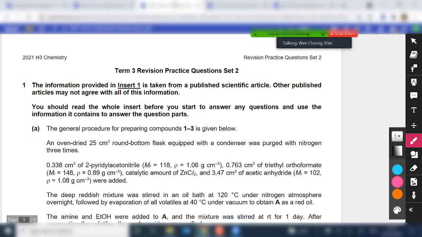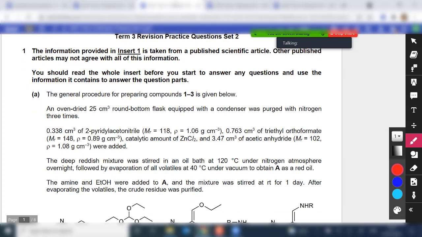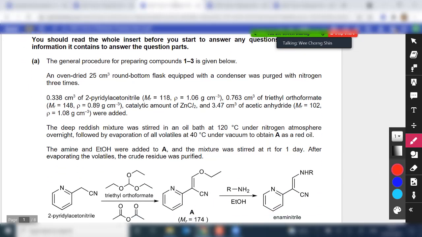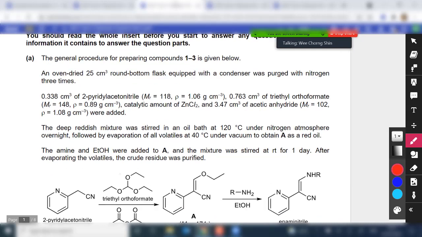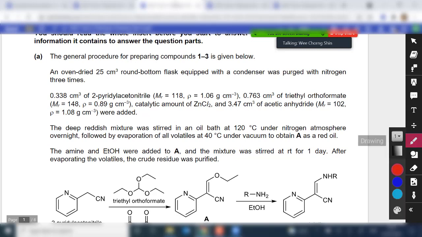If you look at the question, they give you some procedure. This is quite common for H3. They will test you on stoichiometry. They give you a lot of data, which can be a bit prohibitive under exam stress because you have to read through all of it, but just take note that this is H3.